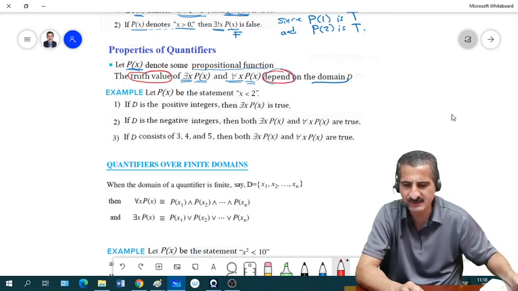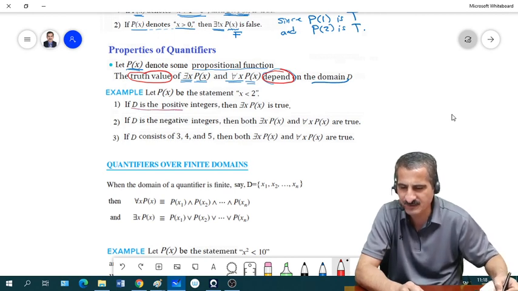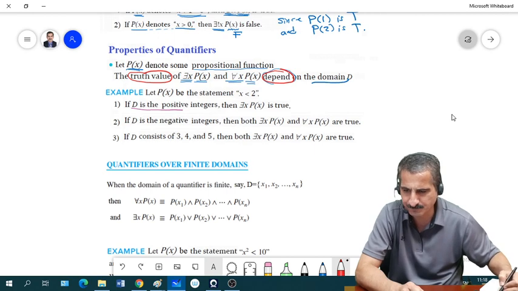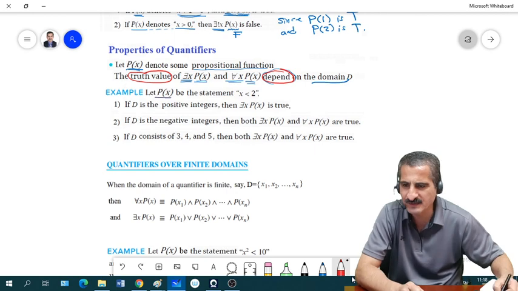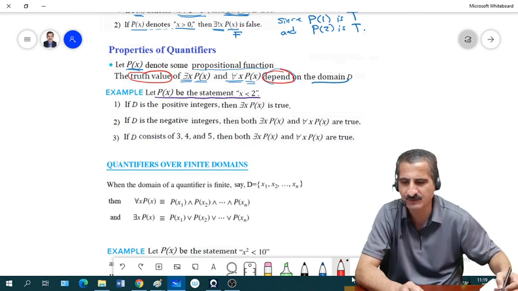For instance, let us see. Assume we have p of x to be x less than 2, for all these cases, 1, 2, and 3.